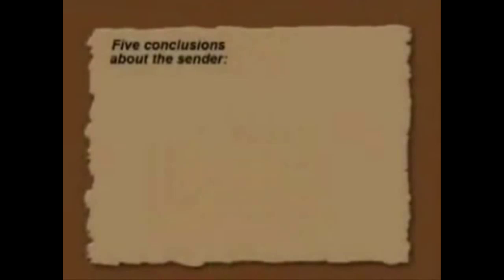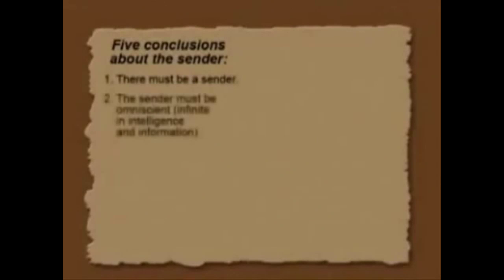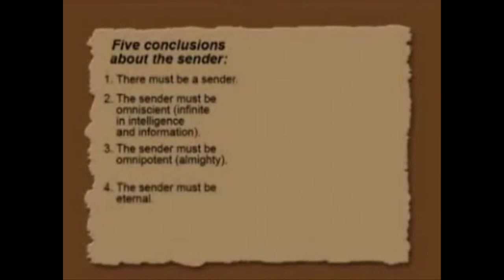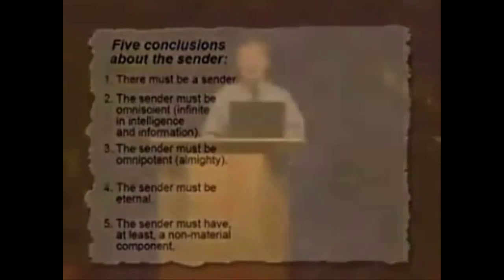We see on the left side the 5 points we found out. There must be a sender. The sender must be omniscient, infinite in intelligence and information. The sender must be omnipotent, almighty. The sender must be eternal, and the sender must have at least a non-material component.